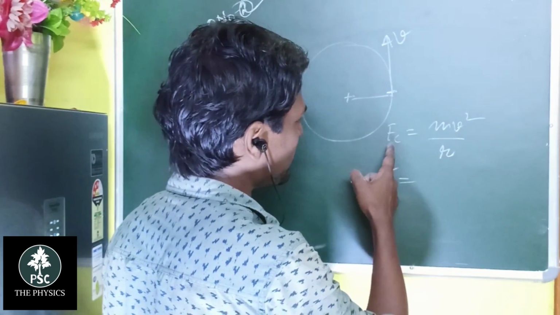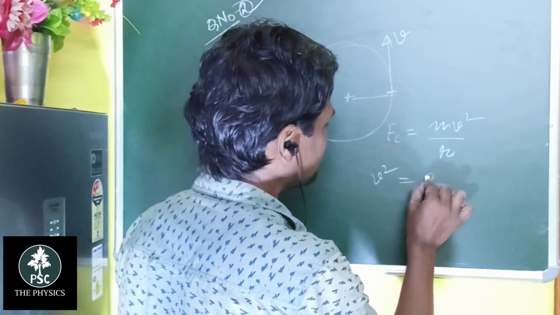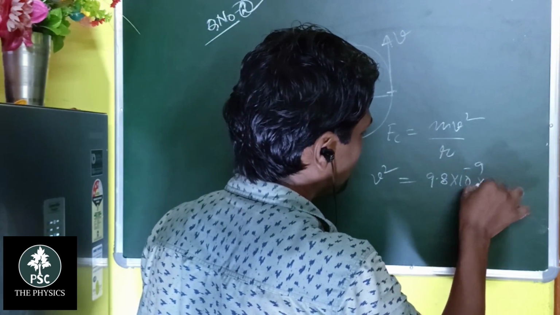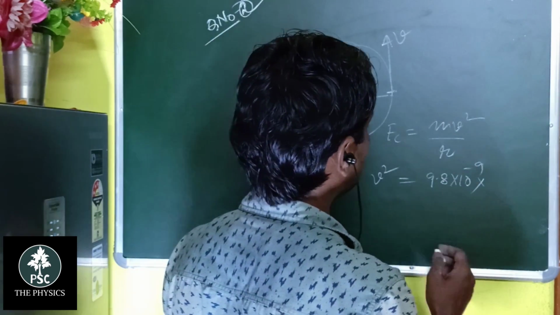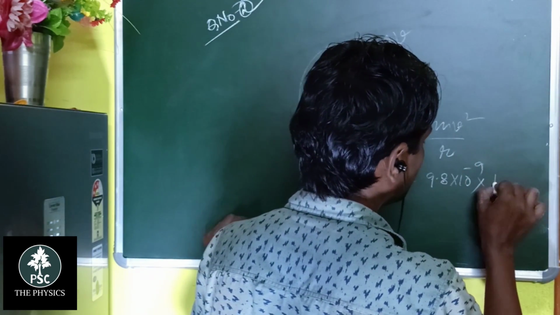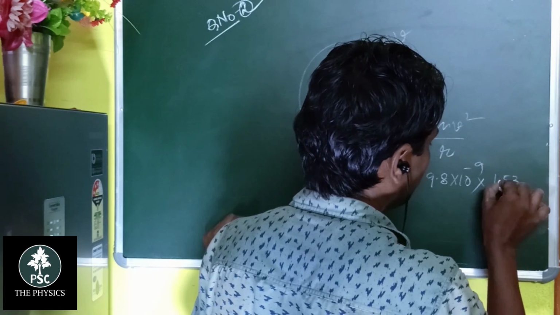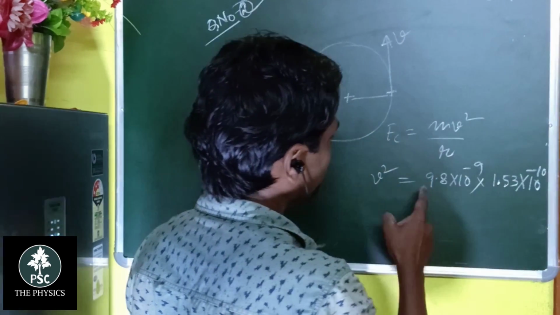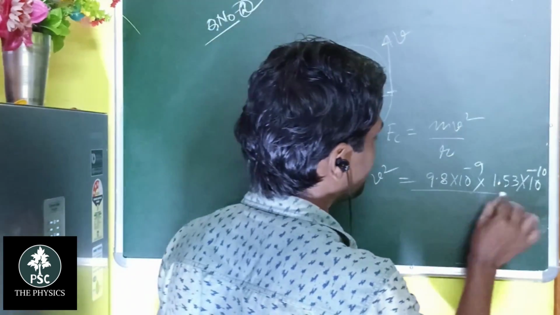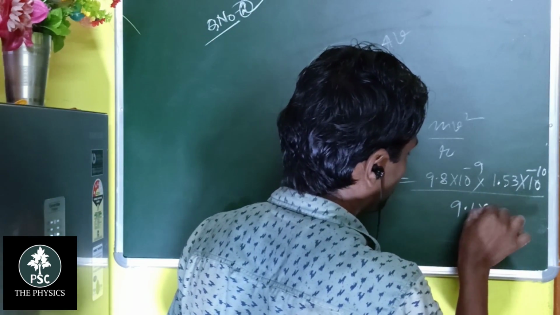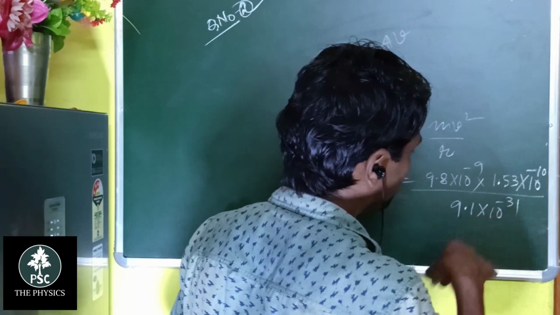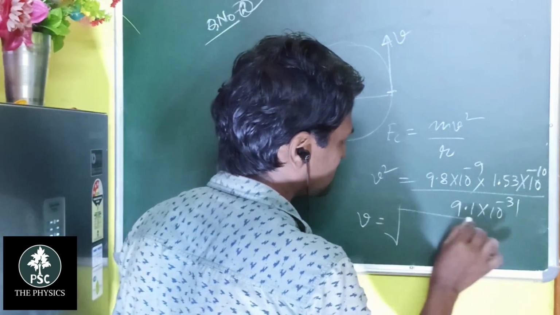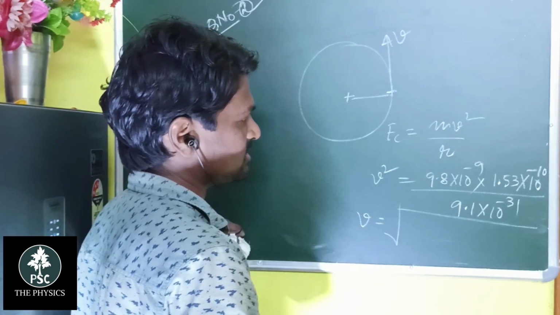So v square equal to FC is given, that is 9.8 into 10 to the power of minus 9 into radius. Radius is also given, which is 1.53 angstrom, that is 10 to the power of minus 10. Fc into r divided by mass, also given, 9.1 into 10 to the power minus 31, and you have to calculate velocity. So this is root over of this one.